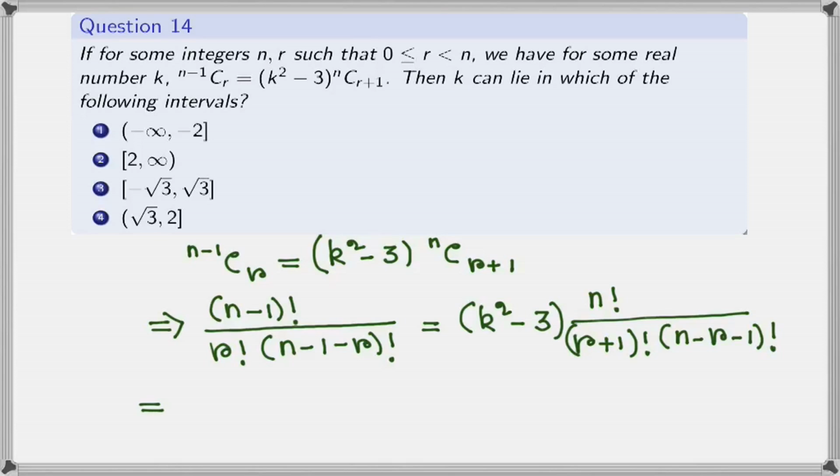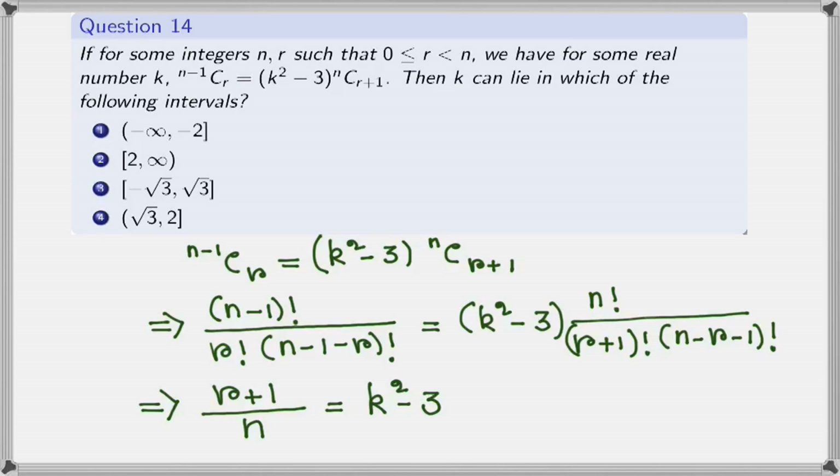So we get (r+1)/n = k² - 3. Now note that we are given 0 ≤ r and r is strictly less than n.